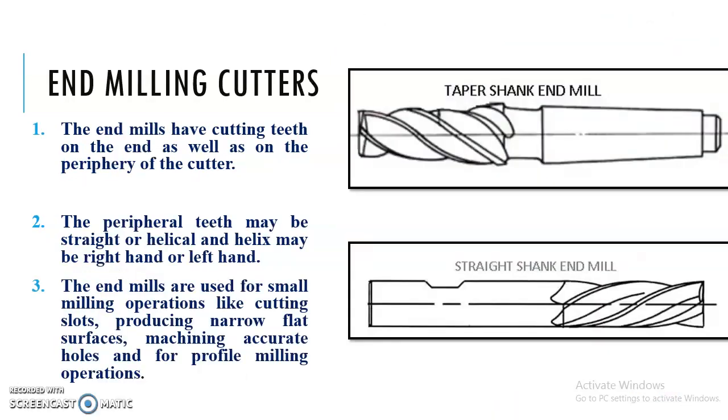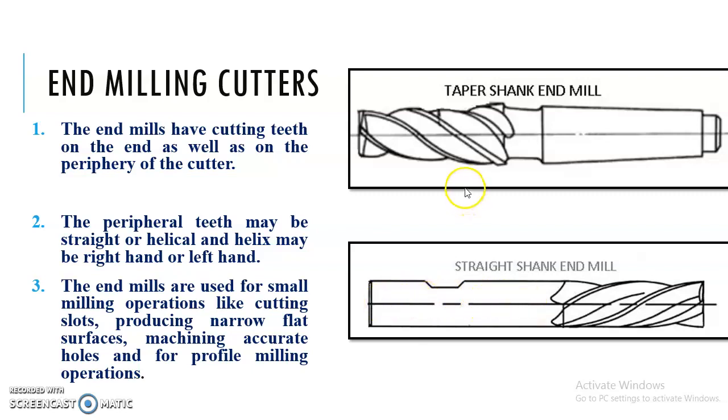Next one is the end milling cutter. End milling cutters are basically of two categories based on the shape of the shank. This portion is called the shank, which is tapered here, and the second one is a straight type of shank.